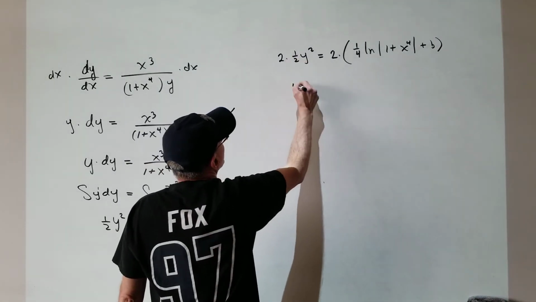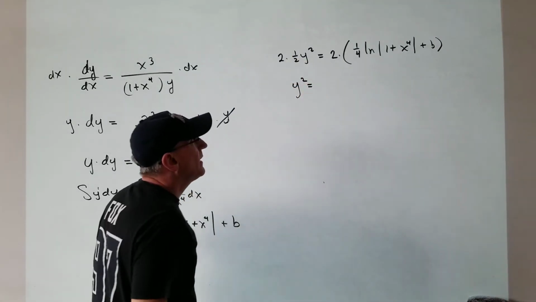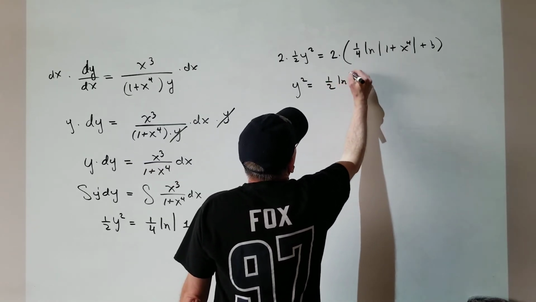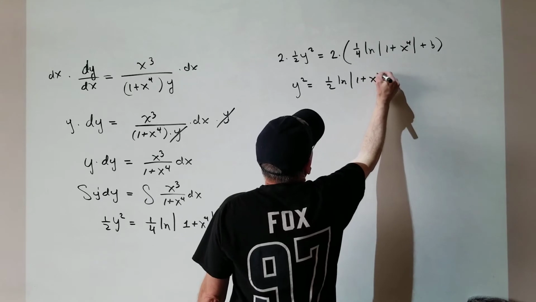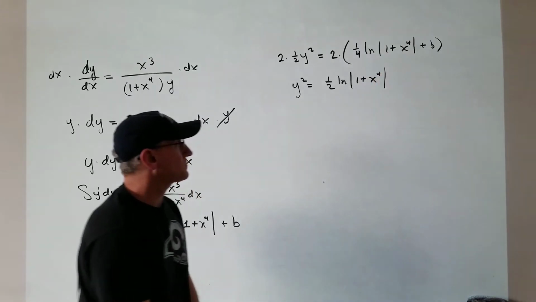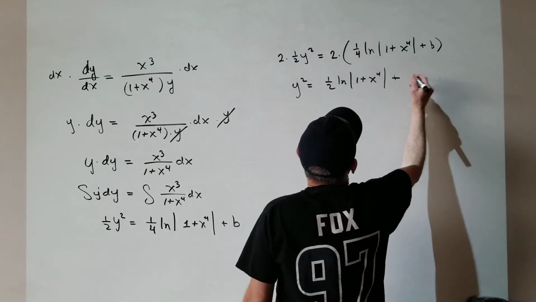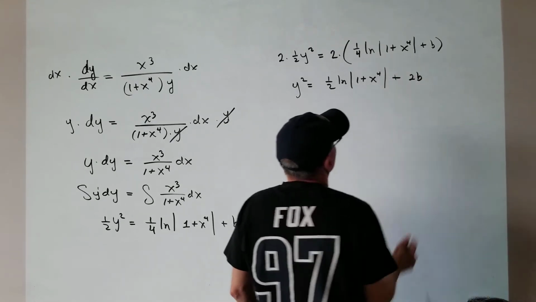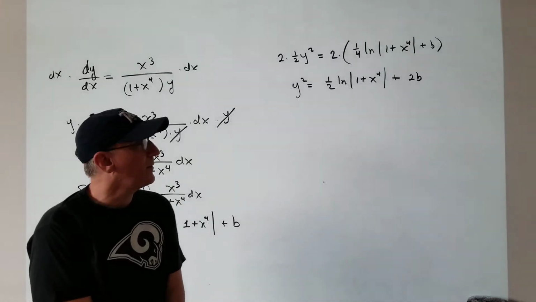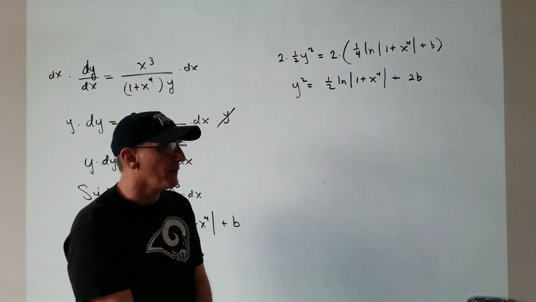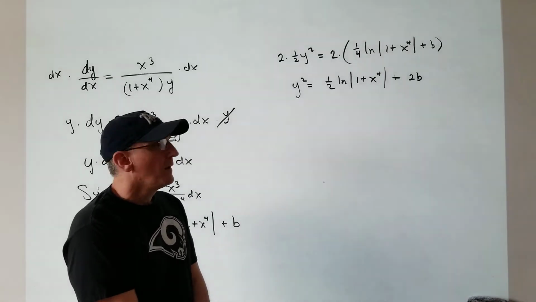You had to cancel the half, so now I have y squared. Over here I have 2 times the fourth, that's 1/2. And I also have 2 times b. Now if you're so inclined, since b is an arbitrary constant, 2b is also an arbitrary constant.